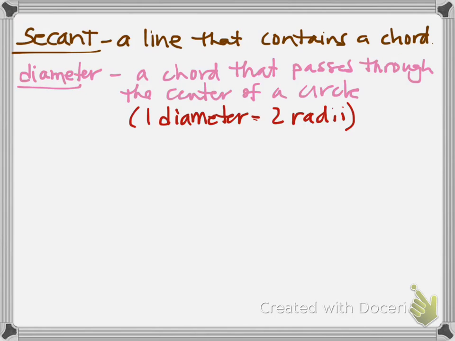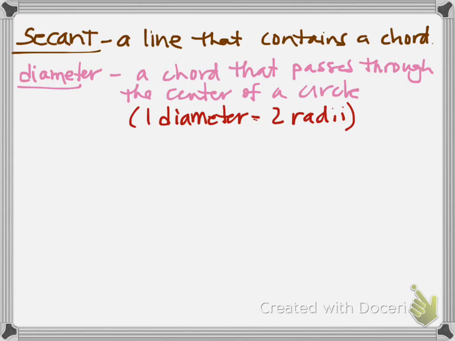Rachel. For the chord, if it's not specifically told it was a diameter or something like that, does the chord mean it goes through the center no matter what? No, it goes through the circle. Anyway, just as long as its endpoints lie on the circumference of the circle, it's called a chord. If it specifically passes through the center, that one specific point, then it gets a more specified name called a diameter.